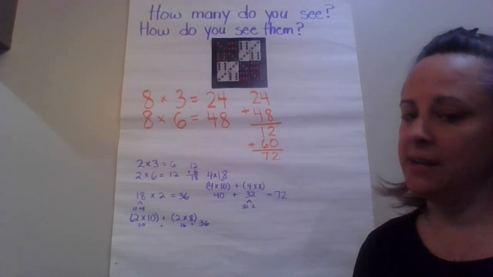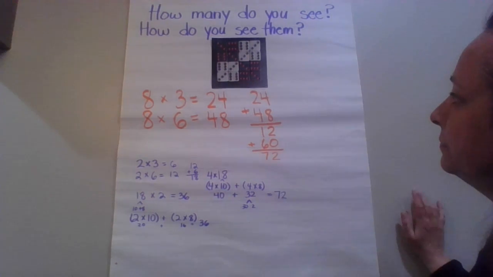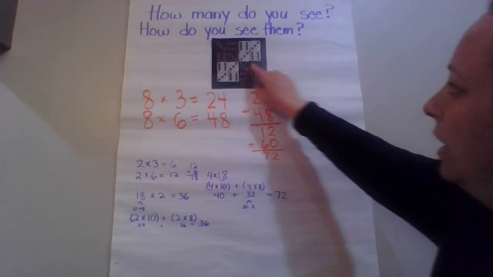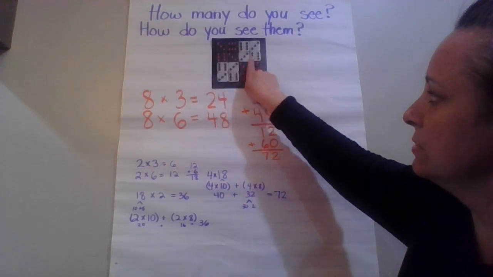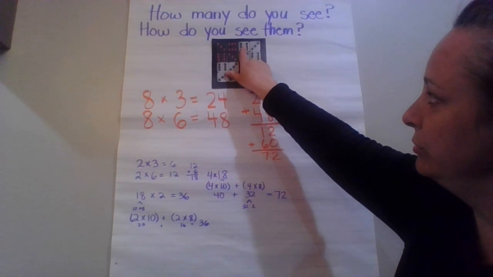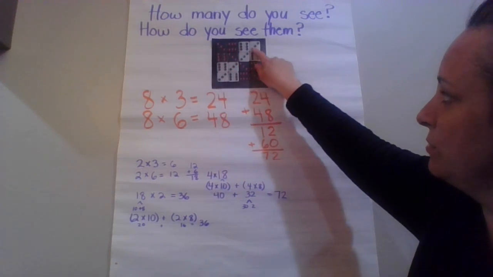I wonder if we could see it another way. I wonder if we could see it in rows. 6 and 6 is 12. 12 and 3 is 15. 15 and 3 is 18.